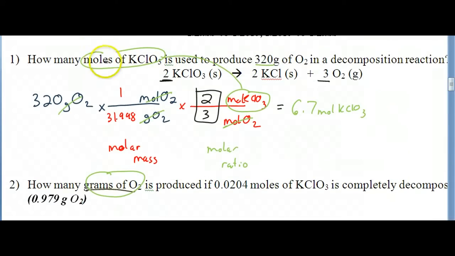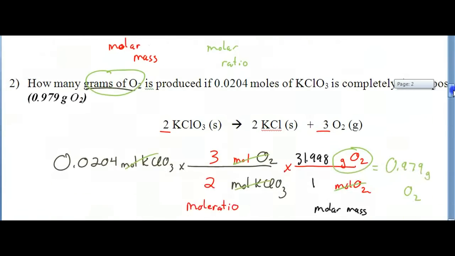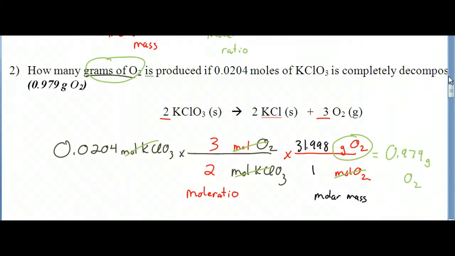In this case, moles is being asked. That went last. Grams was given, so using a molar mass to convert to moles was first, as opposed to number 2, moles was given to us first, and so I need to use my mole ratio to convert to moles of the other object and convert to grams last.